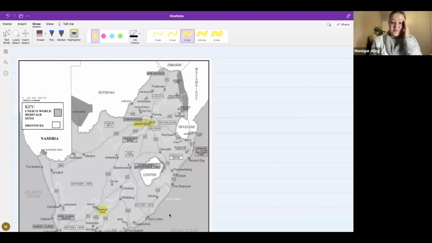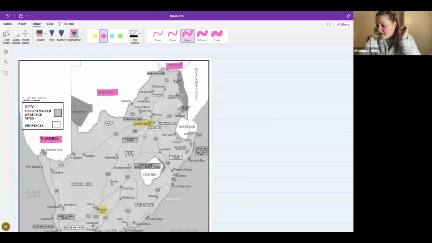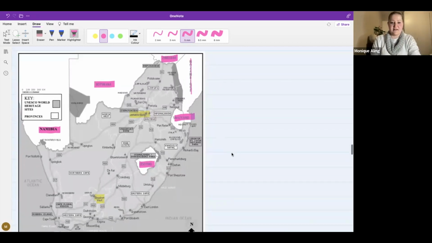Good. Swaziland is 1, and Zimbabwe. Good. Okay, so the neighboring countries, we've got Namibia, Botswana, Zimbabwe, Mozambique, Swaziland, and Lesotho. So any of those 3 would get you 3 marks. Okay, well done.